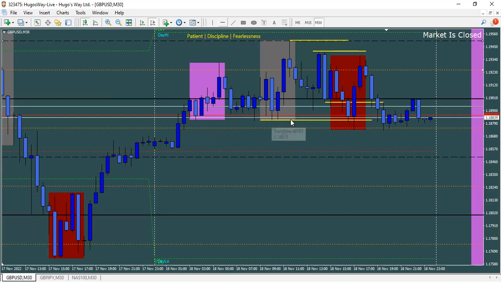Looking at this low of the London session, we have a strong level of support. Look at all the rejections up in this area. This is our London session low, and it also was the Asian session low. So you have two sessions that are rejecting at this support level. This is a strong level of support.